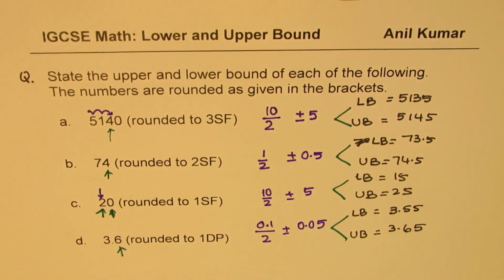Perfect. So I hope you understand now how to find upper bound and the lower bound in the given condition when we know that the numbers are approximate, they are rounded numbers, right? Now in the next video we will see what could be the maximum error or what could be the minimum value when we work with these rounded numbers. Perfect.